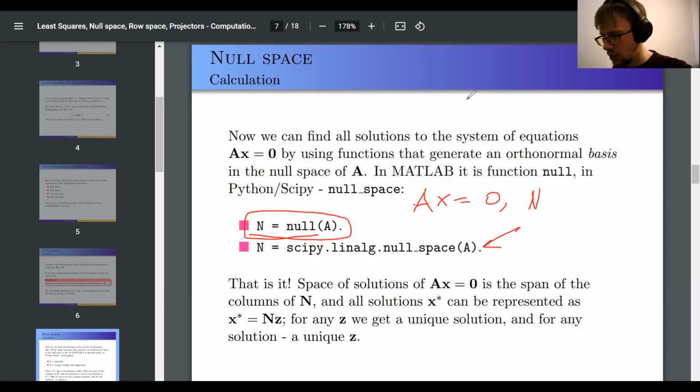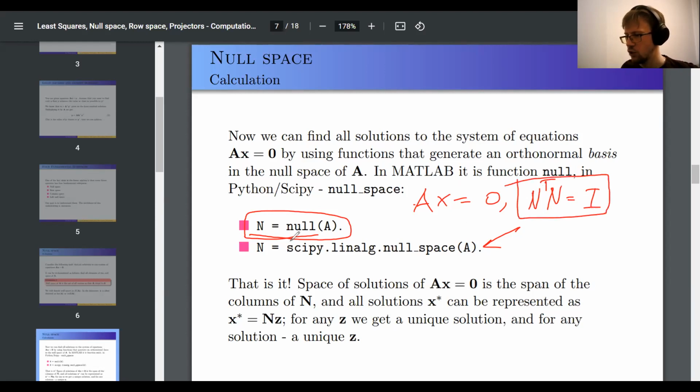Orthonormal means orthogonal vectors that are also unit vectors. So normalized and orthogonal. Yep, orthonormal. Great. This is true for all orthonormal bases of this type.